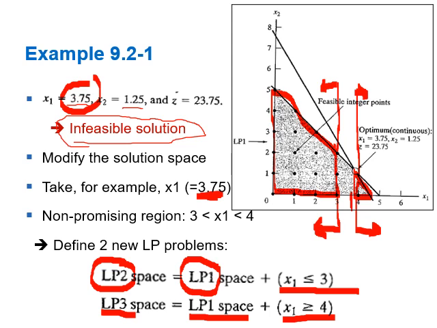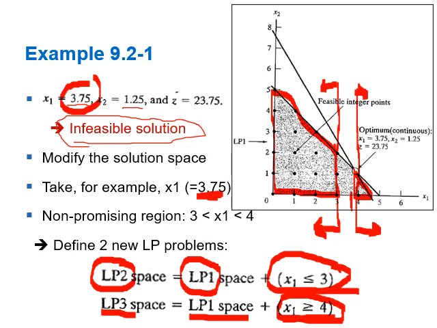We are not adding these two constraints at the same time. We are either adding the first one to get LP2, or adding the second one to get LP3. And we are going to solve LP2 and LP3 separately, find the best solutions in these, and then depending on that, we will find the integer solution.